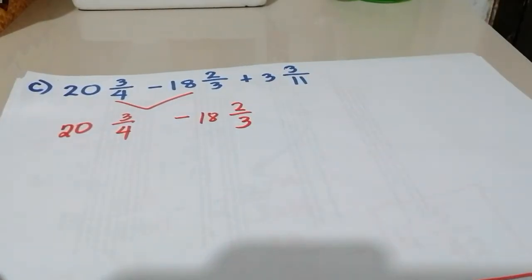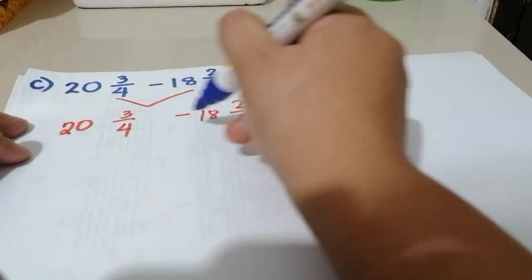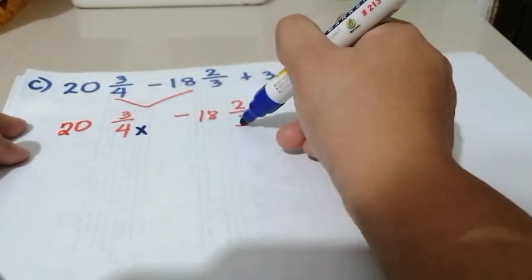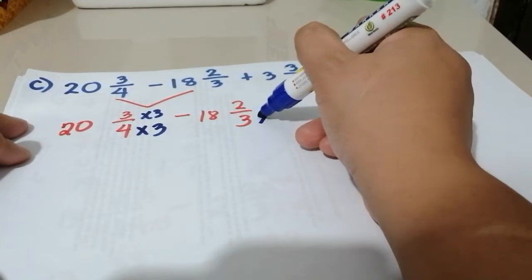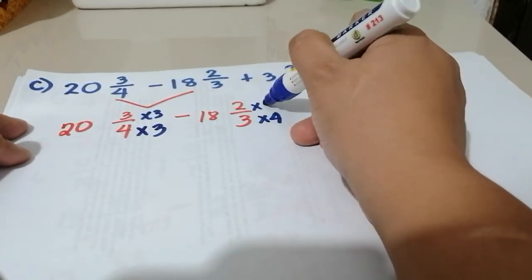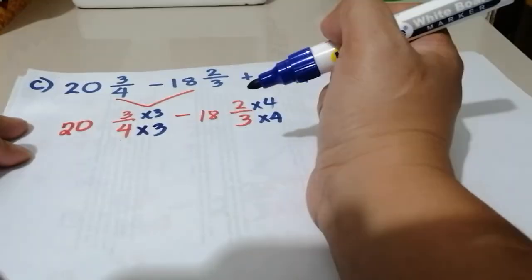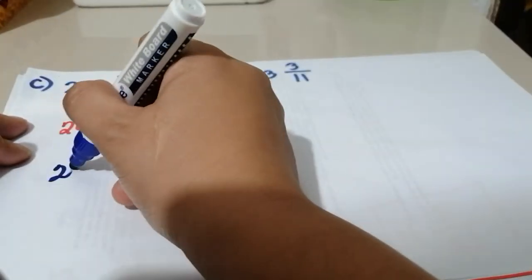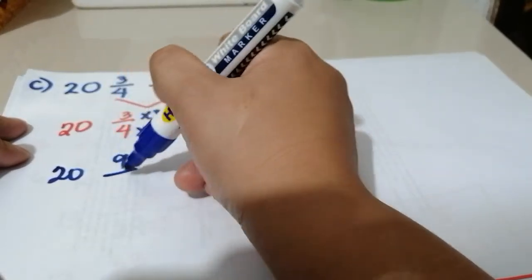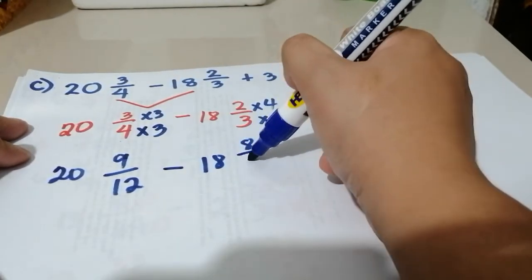At yung denominator, hindi na naman pareho, kaya kailangan nating gawing pareho. So, ito, imumultiply na naman natin to by the denominator 3 times 3. At ito, imumultiply natin by 4 times 4. Kasi, di ba, interchange lang. So, our new fraction will be 29 over 12 minus 18, 8 over 12.